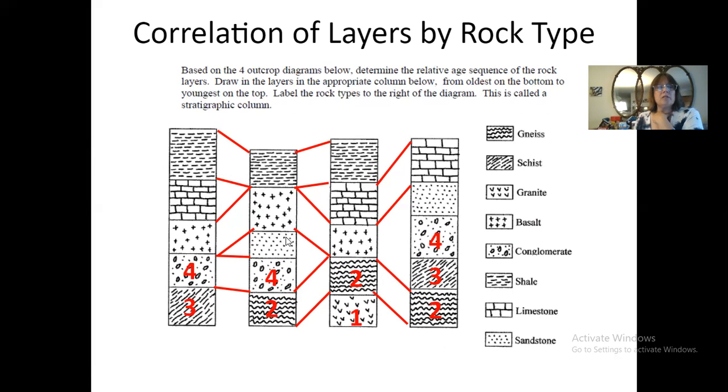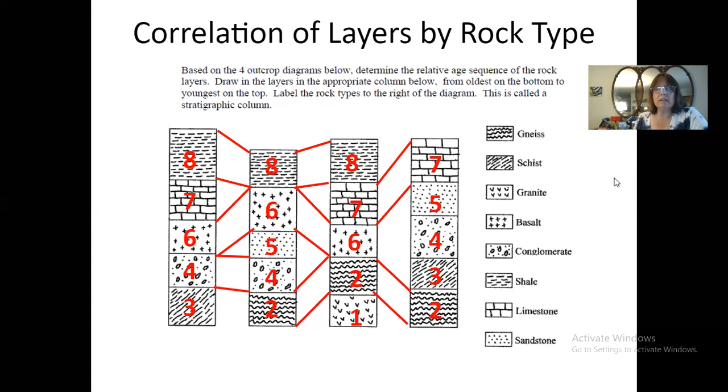Well, there's basalt above the sandstone, so sandstone is next. And then our choices are basalt and limestone. So the basalt is next. And then we have limestone or shale. Well, there's shale above the limestone, so the limestone is next. All right, and there is the numbering.